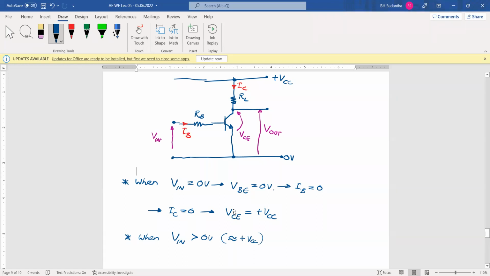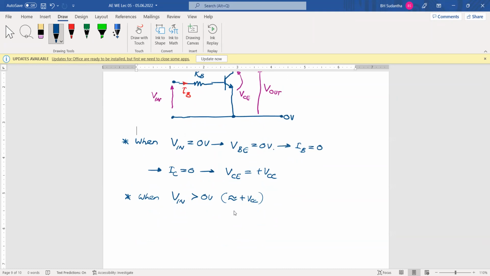Because of that, we have to make sure that VBE is 0.7 volts. When VBE is 0.7 volts, it means we have IB current. IB is greater than 0. With that IB, as a result, IC is greater than 0.